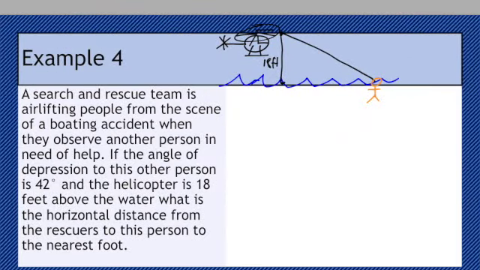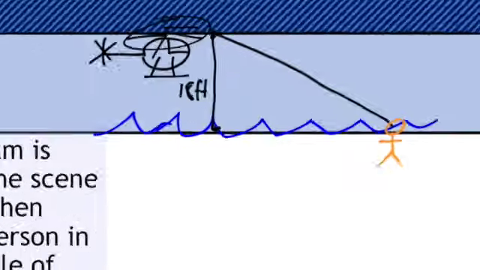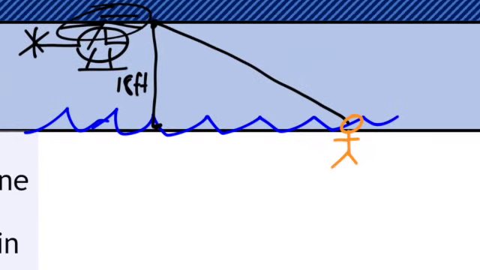So it says the angle of depression. Remember what angle of depression means. It means find your horizontal line. Since it's angle of depression, you're looking from the helicopter. So this is your horizontal line right here, your HL. The angle of depression is going to be that angle from that line that goes down.